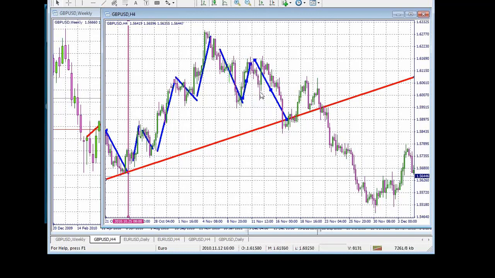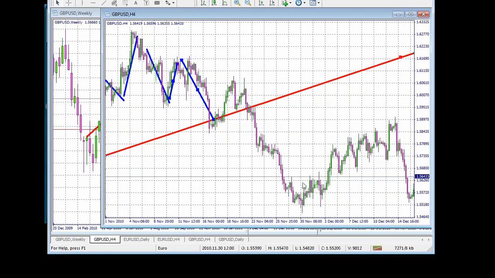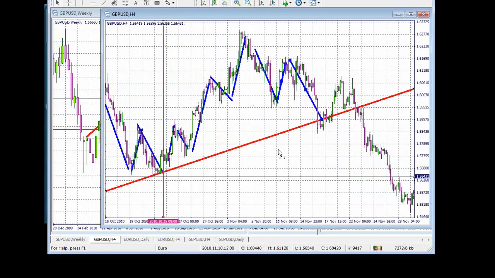Here this small wave was not complete, and actually we can consider the wave C this one. And at this point the currency tests the inferior trend line of the channel on weekly, and actually the trend line was broken and the pair made one move into downtrend.